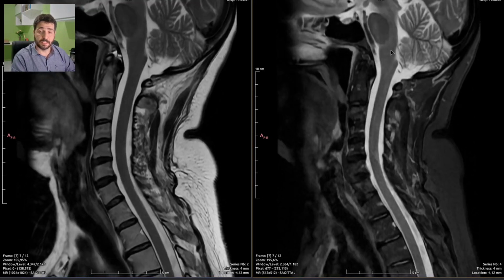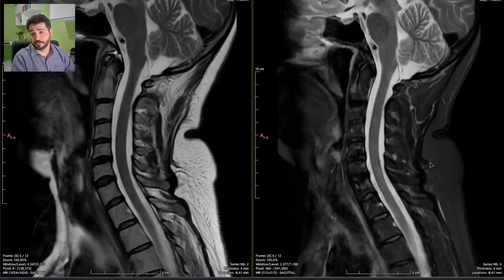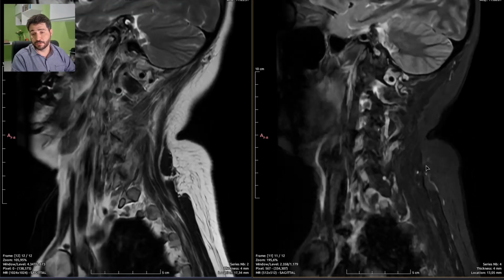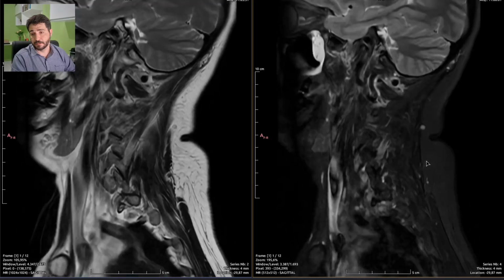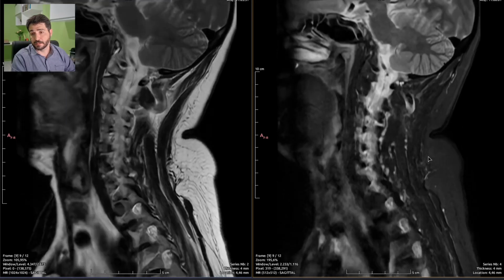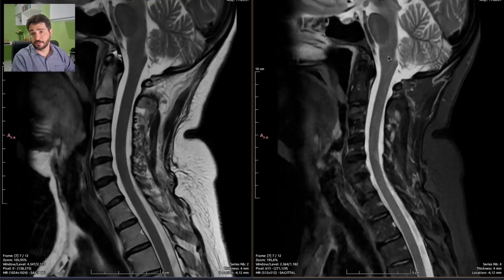So this is STIR, a STIR sequence. This is T2 fat saturated, almost, kinda. This is to look for edema and enhance signs of disease. This is the base of the skull. This is a transition from the skull to the cervical spine.